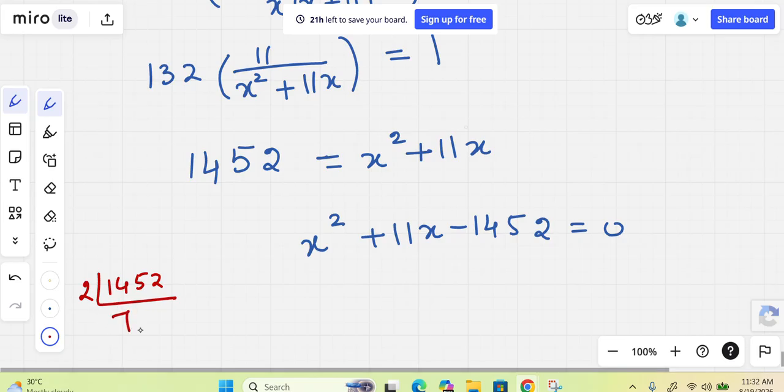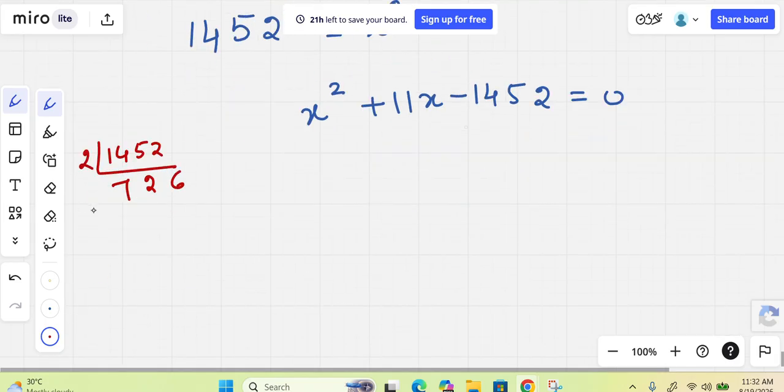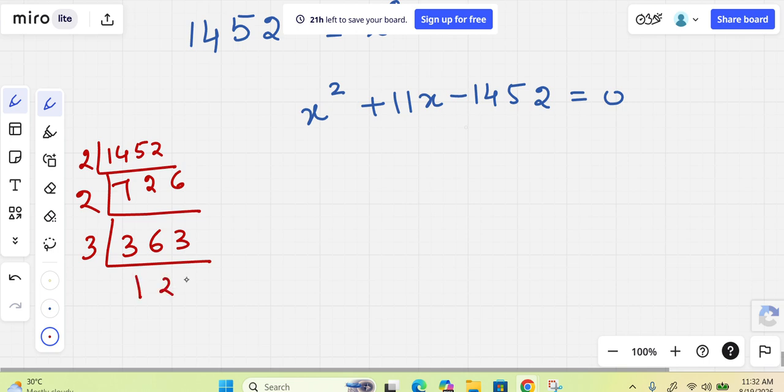1452. 726, then 363, 3, 121, 11 and 11. Okay. 44 and 33.